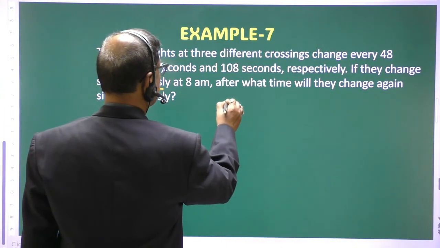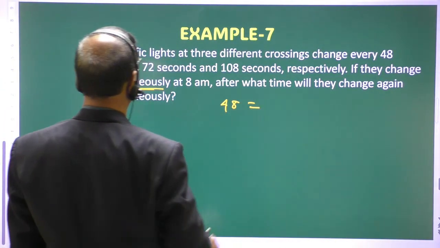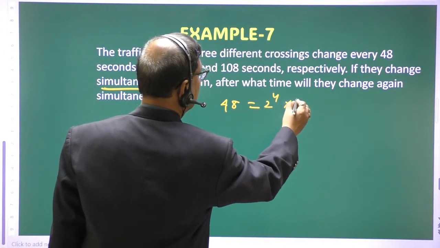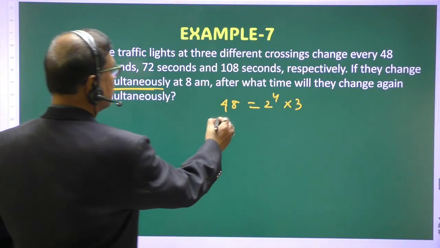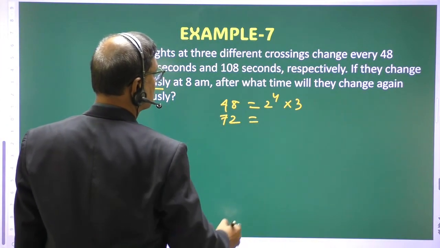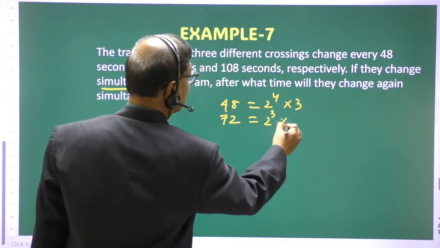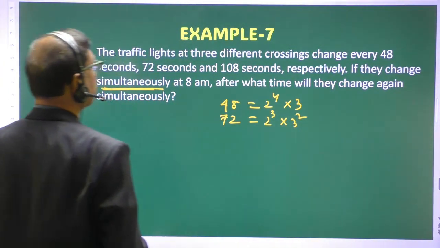So 48 expressed as the product of prime factors is 2 to the power 4 into 3. Now 72, that means 2 cube into 3 square, 8 into 9.